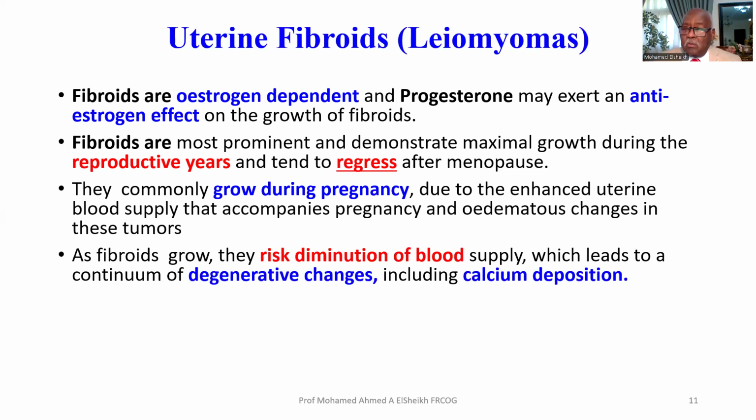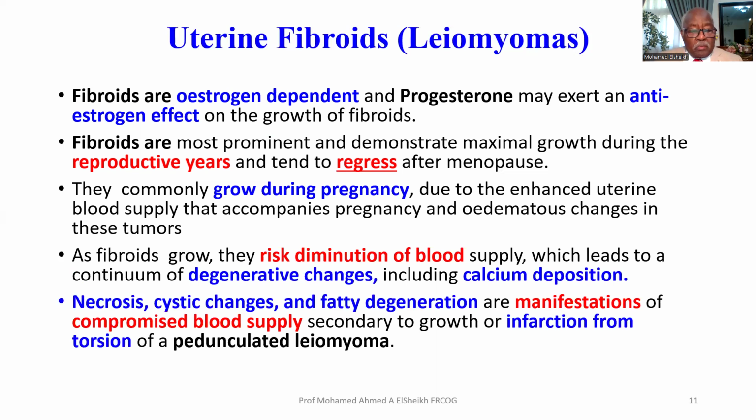So as they grow, they may outgrow their blood supply, and the blood supply coming to the fibroid itself may become less. Then a lot of complications, or a continuum of complications, starting from different degenerations till calcium formation. And we'll see that in a minute.